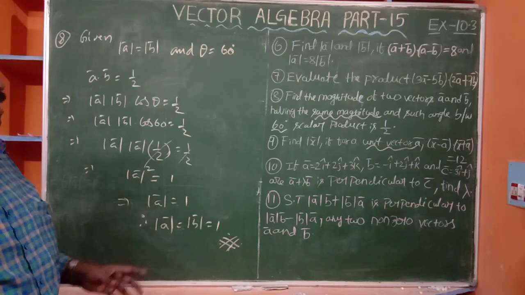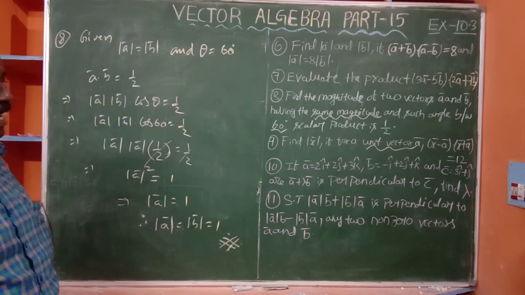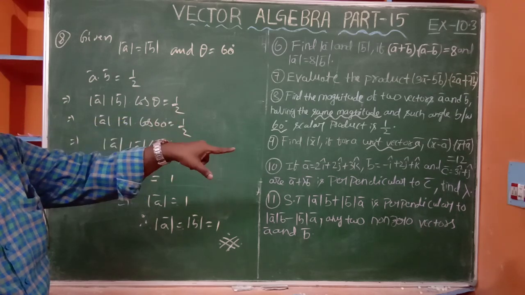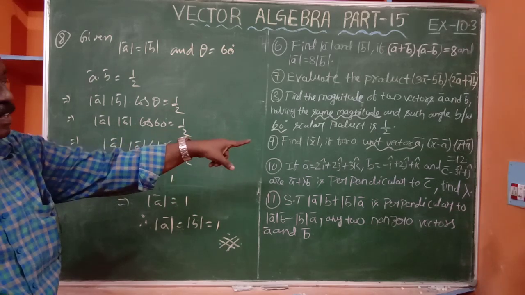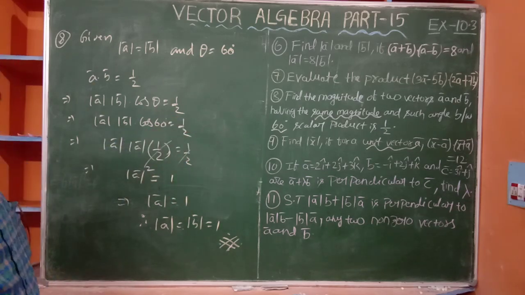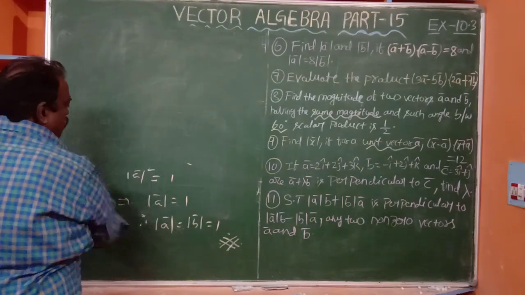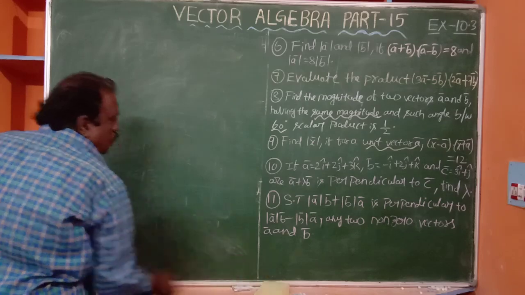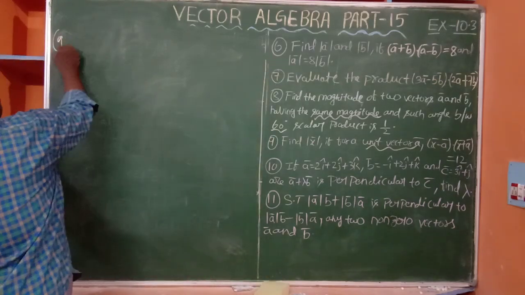X bar is a vector that is connected with one equation or condition: x bar minus a bar dot of x bar plus a bar is equal to 12. But the unit vector is a bar only. Okay, observe me. It is the 9th one.